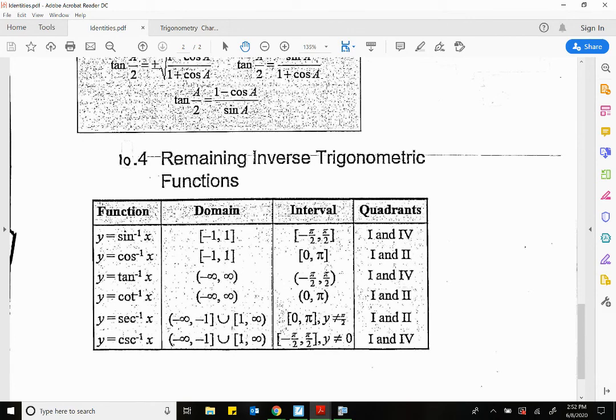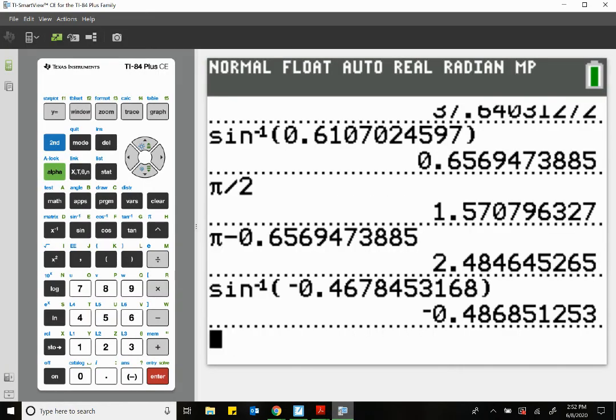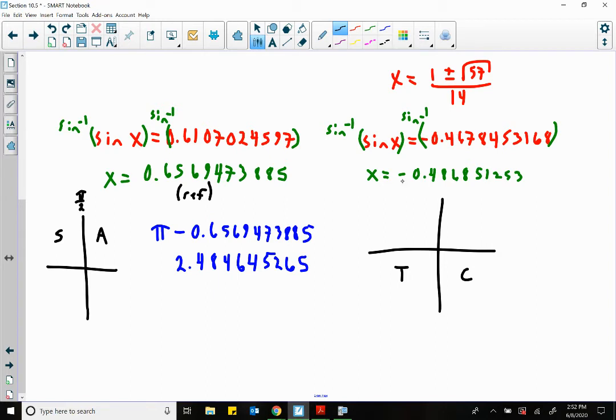But I need the real quadrant 4 value, as in between 0 and 2 pi. So the first thing we need to do is take that negative angle and find the real answer that goes right there.